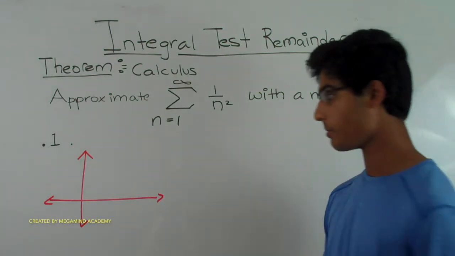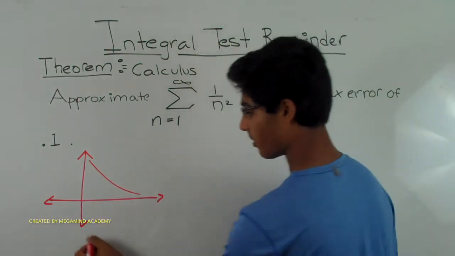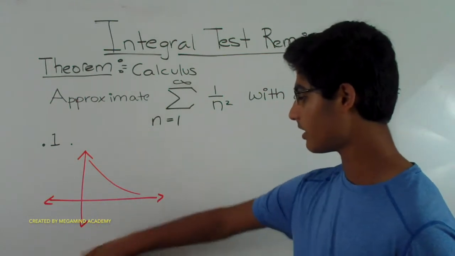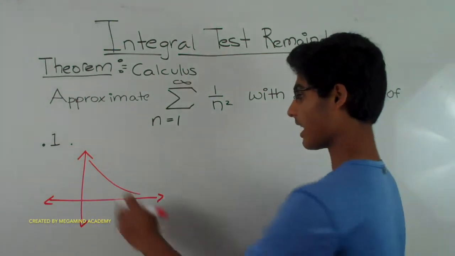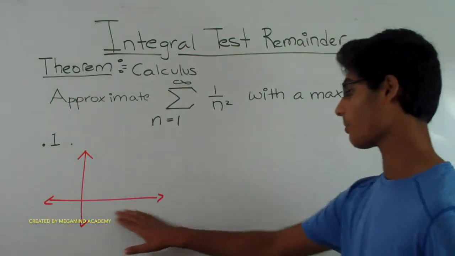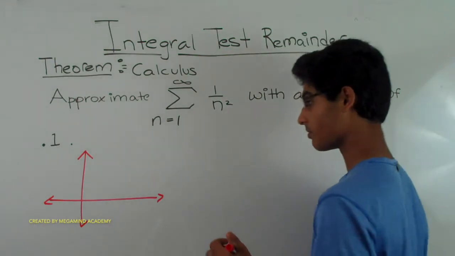Basically, it's always decreasing if it's positive, or always increasing if it's negative. It's not always like that, like in the case of alternating series, but the point is that they all come closer and closer to 0.